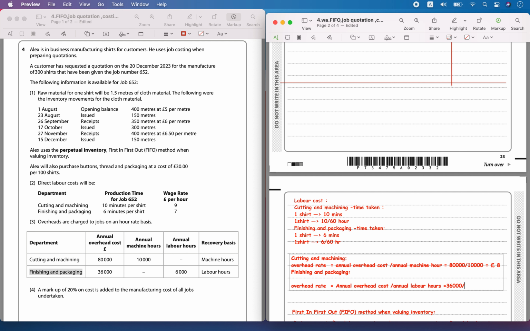That's going to be equal to 36,000 divided by 6,000. That is equal to 6 pounds. Okay, 6 pounds for the labor rate calculation.